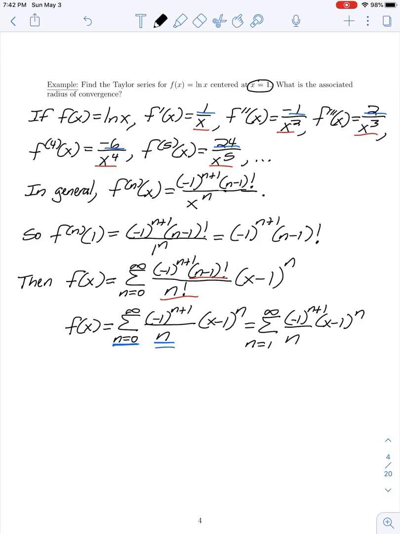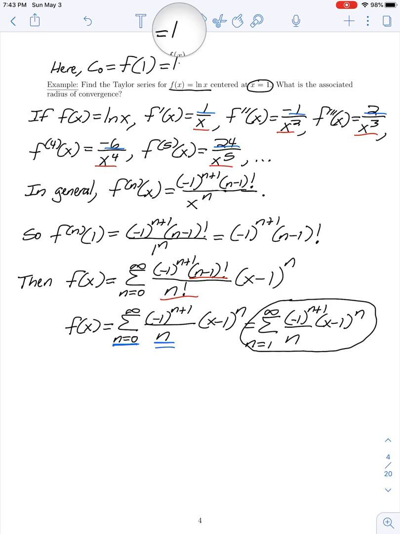So why am I allowed to ignore that first term corresponding to n equals 0? Well, let's recall the reasoning. That initial term corresponding to n equals 0, which gives us c0, remember, is supposed to equal the value of our function f at whatever x value we were given. In this example, x equals 1. Now here, our function f of x is natural log of x.